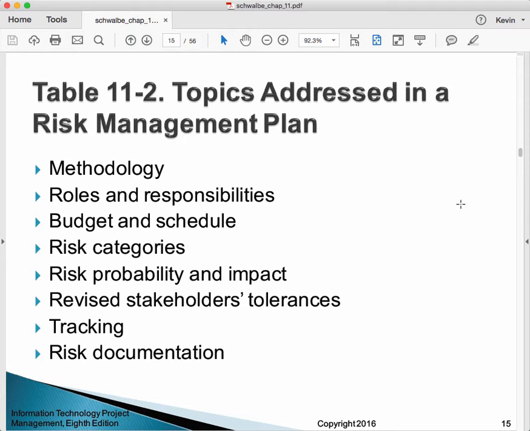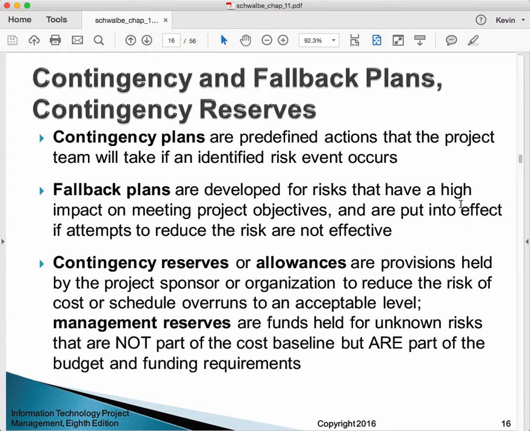Things like methodologies or roles and responsibilities, or the way we do tracking, or the way we do documentation, all those kinds of things. You may have a plan from a prior project that you can change and adapt. So we're not to assume that we're to write a treatise from scratch for every project. Now, let's talk about some more terms here.